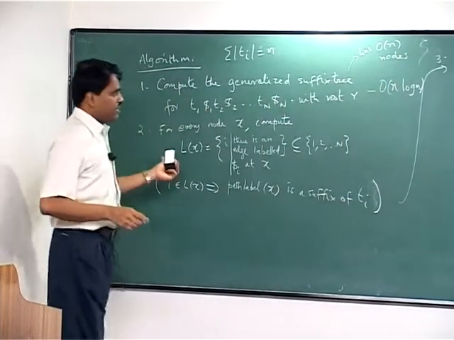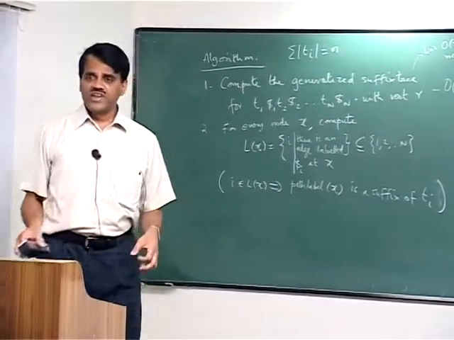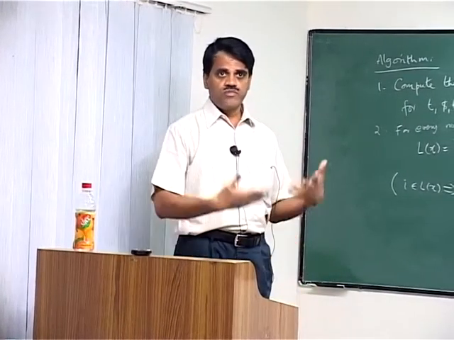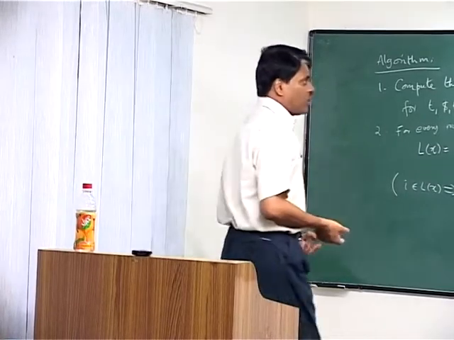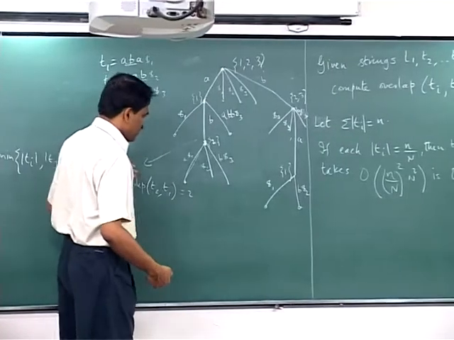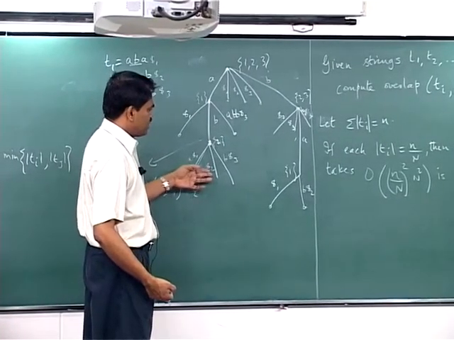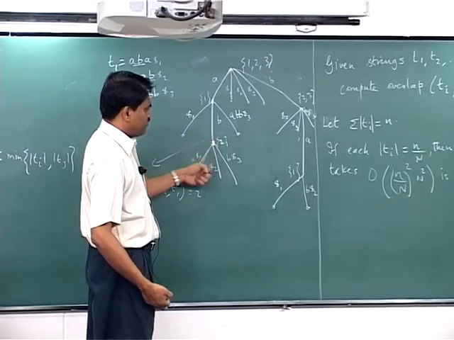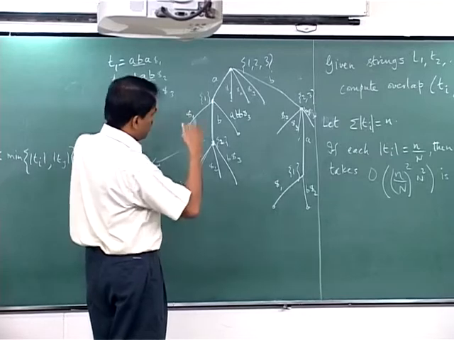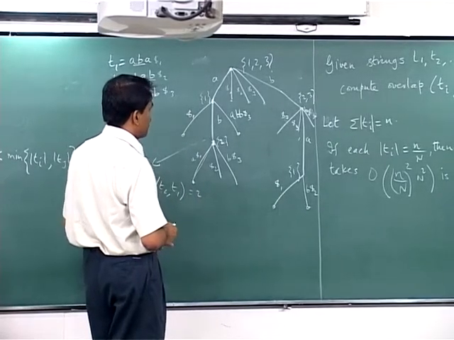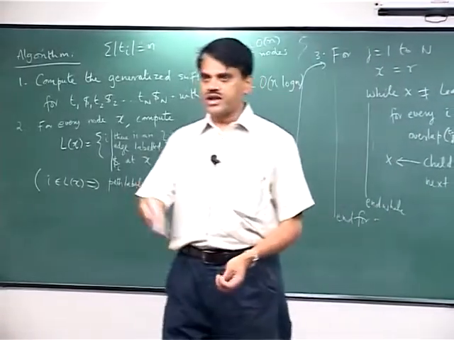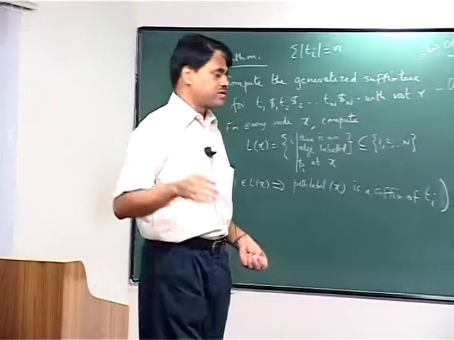So now we compute L of x. We do something very similar to what we did for M of x last time. So we just go bottom up. All I want to know is, I go through these leaves. Whenever I see a delta i here, I put that value in the parent. Actually, I can do top down as well. It's not a problem, because all I have to do is for every node look at its children and see whether there is a delta i there, and then put that delta i in that set.